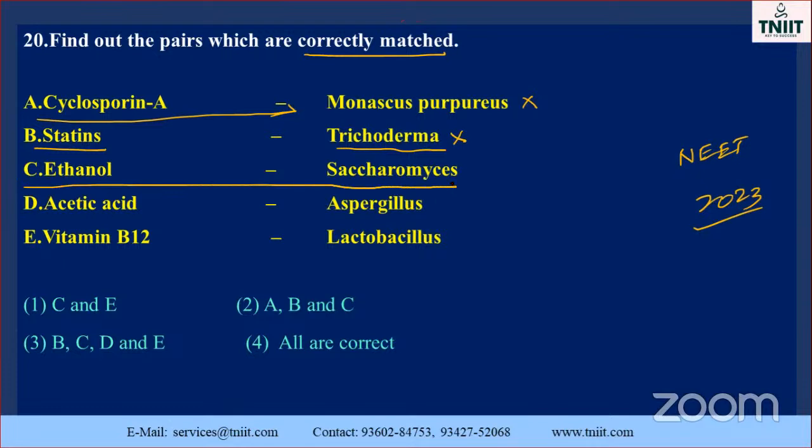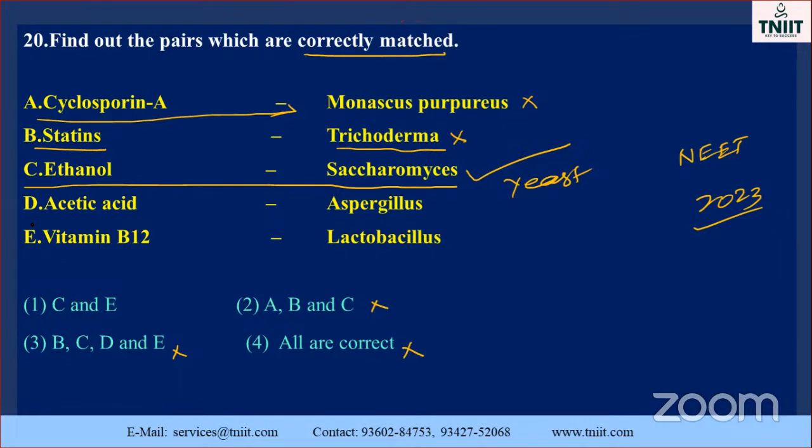Ethanol is a byproduct of the sugar industry, and ethanol is produced by Saccharomyces cerevisiae, always called yeast. So this is the correct one. So C is correct. Where is C there? A, B is coming, so it will not come. B and C are there. D is there. What about A? A is not correct, so it will not come. All are correct is not possible. So C and E only.